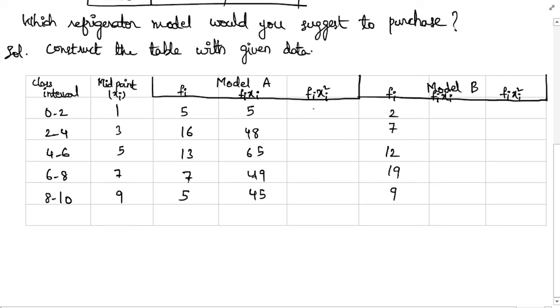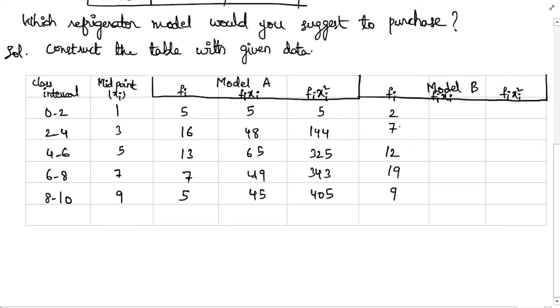And fi into xi square will be 5, 144, 325, 343, 405.